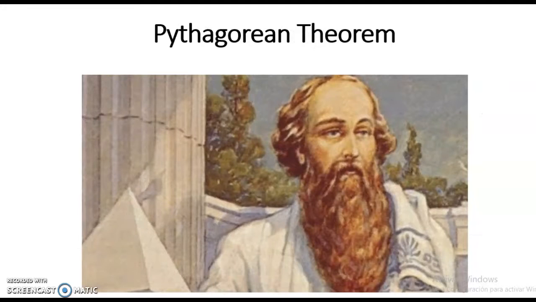Pythagorean theorem. The Pythagorean theorem says that in a right triangle, the hypotenuse squared is equal to the sum of the squares of the legs. Pythagoras was a Greek philosopher. He is from Greece.